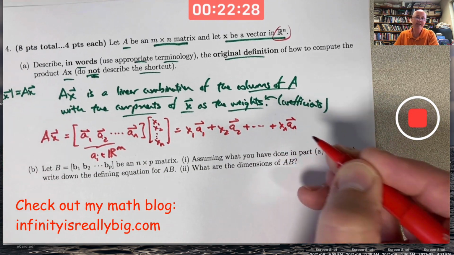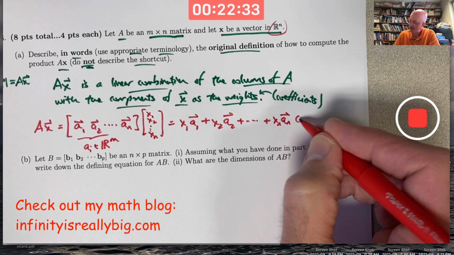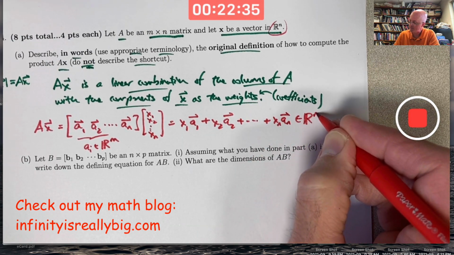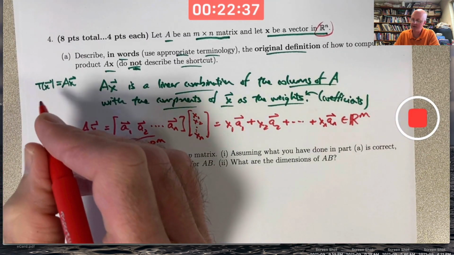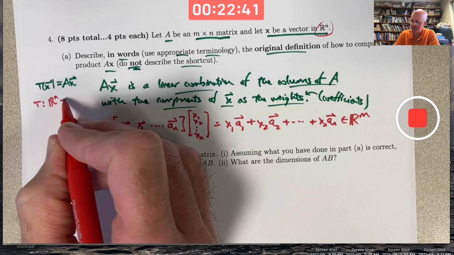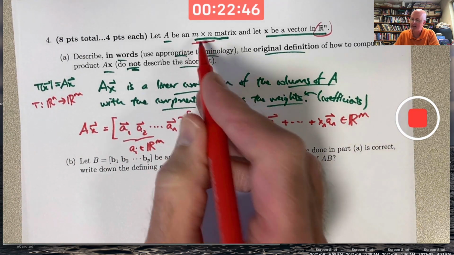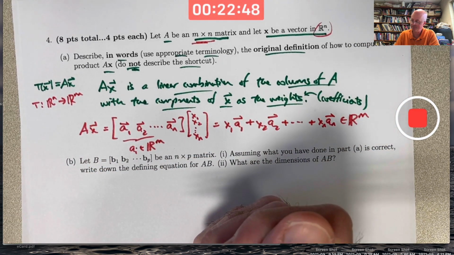Since all these a's are m-dimensional, this linear combination is also m-dimensional. This corresponds to a linear transformation that takes n-dimensional vectors and maps them to m-dimensional vectors. Okay, the order of the dimensions of A gets switched around.